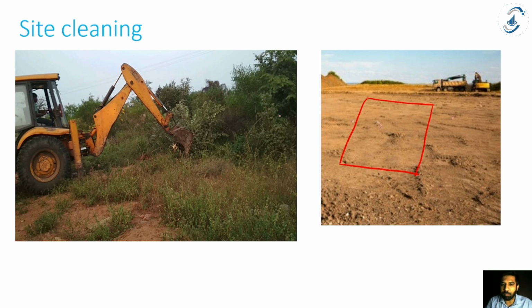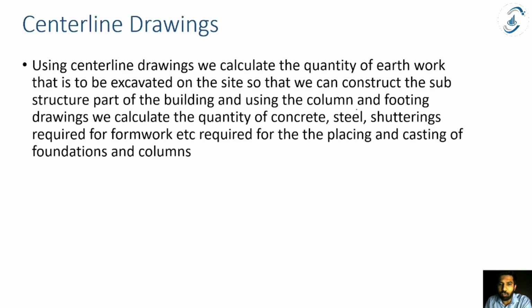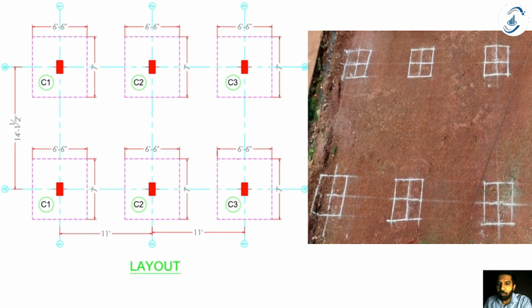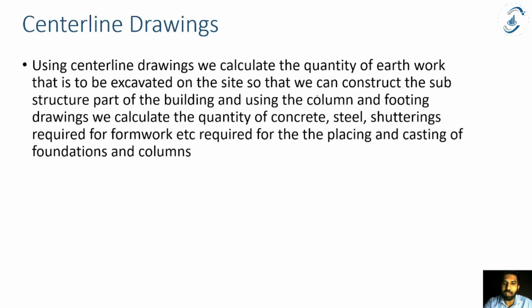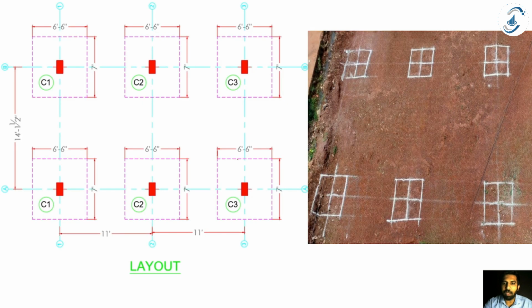So let's suppose that these are the boundaries of my site. Now when I have the boundaries of my site defined, and we want to start executing the substructure part of the structure, that is we want to lay foundation. When we want to lay the foundations, we just can't randomly excavate soil in any part of my site.